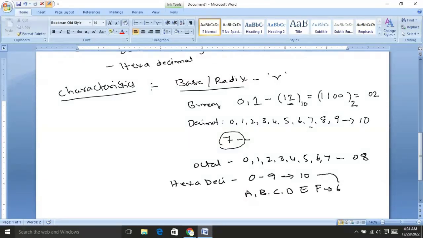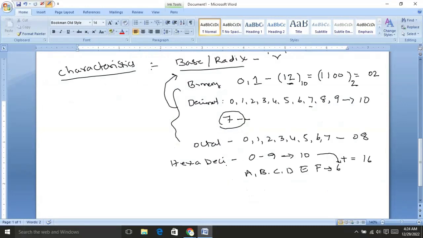So by combining these two, there are totally 16 symbols. The number of symbols used in any number system to represent a quantity is known as its base or radix.